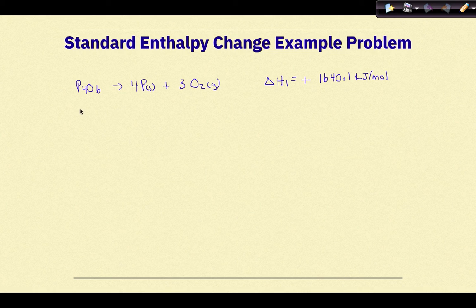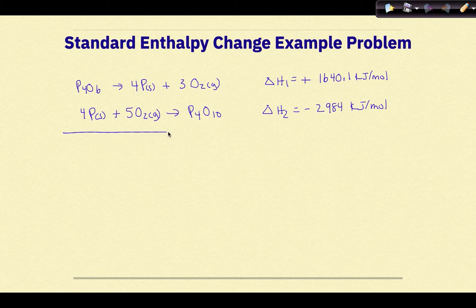So 4P solid plus 5O2 gas yields P4O10, and its delta H value, delta H2, is not going to change from what we originally had, negative 2,984 kilojoules per mole.